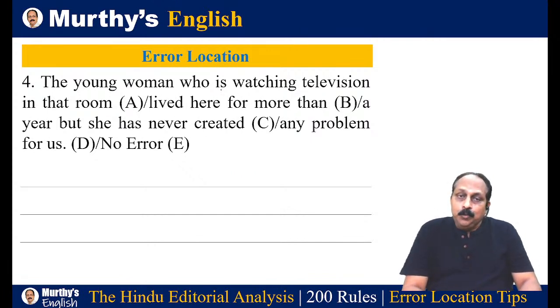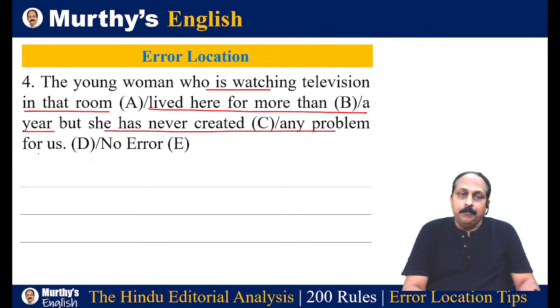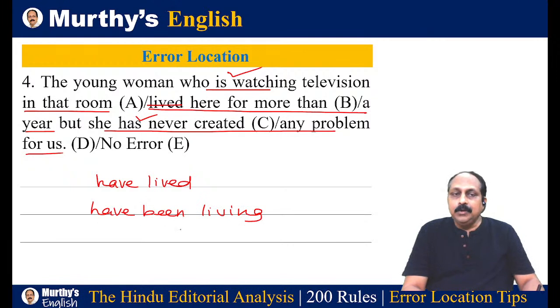The young woman who is watching television in that room, this is one clause, lived here for more than a year, but she has never created any problem for us. Here it is in present continuous, here it is in present perfect. She has never created any problem. And here it talks about more than a year, then we cannot use past tense. We have to use either present perfect or present perfect continuous. Based on that, have lived or have been living here for more than a year.